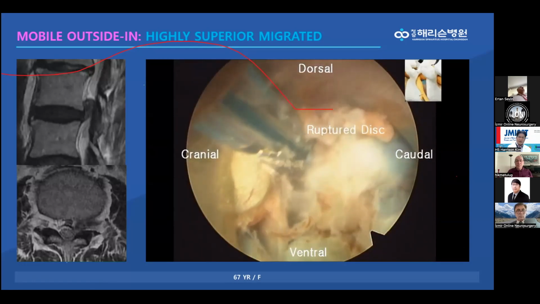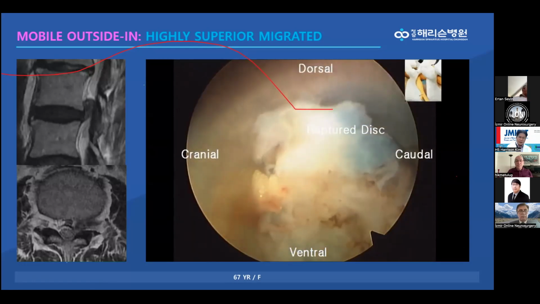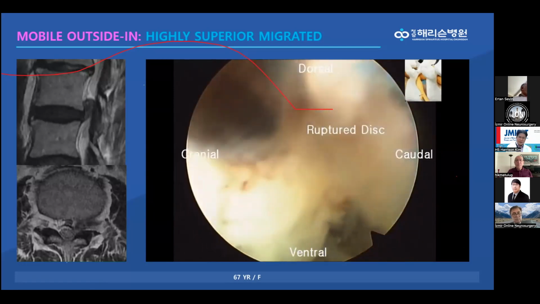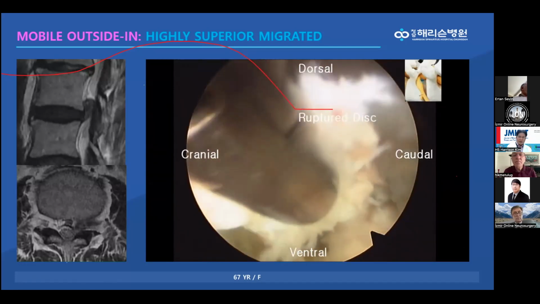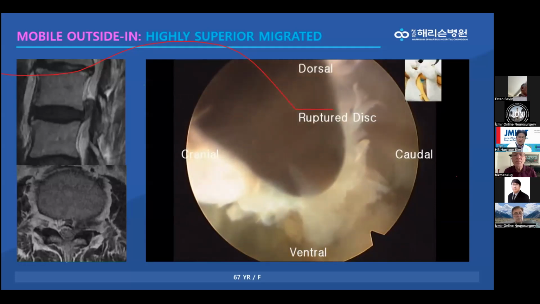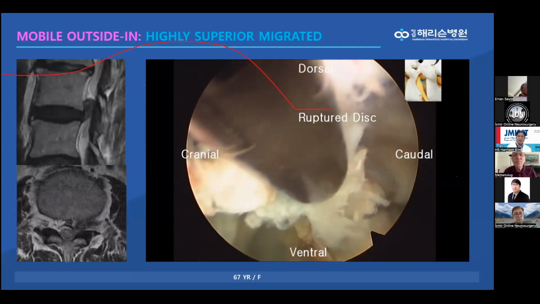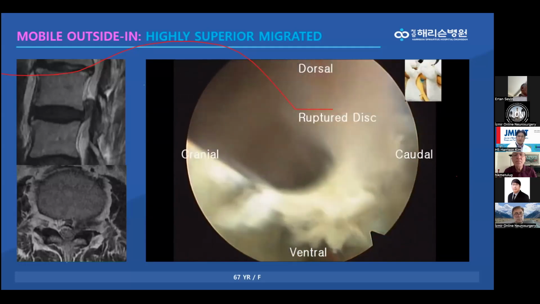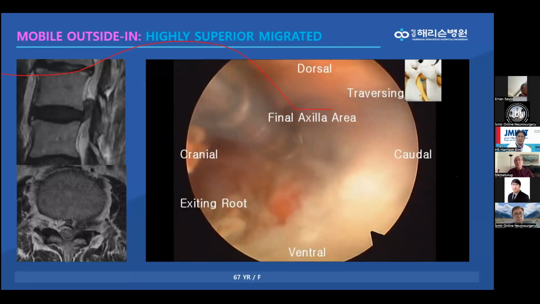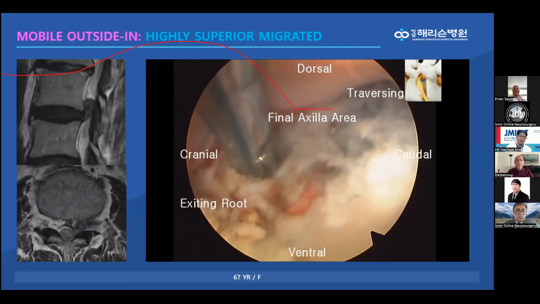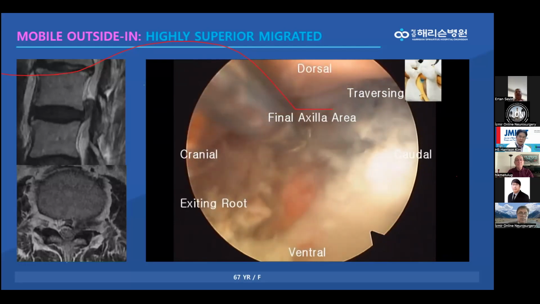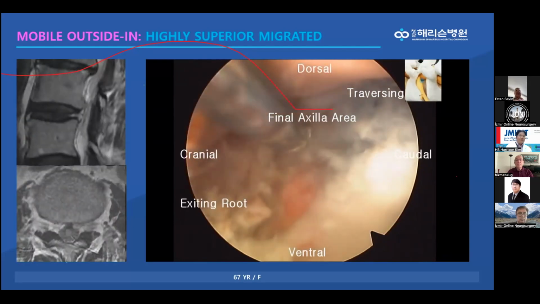Here, the foraminal area, vertebral space. Here, still some intervertebral area, not overriding. Rotate the working channel, operate to the axilla area. After that, you can see it like this.